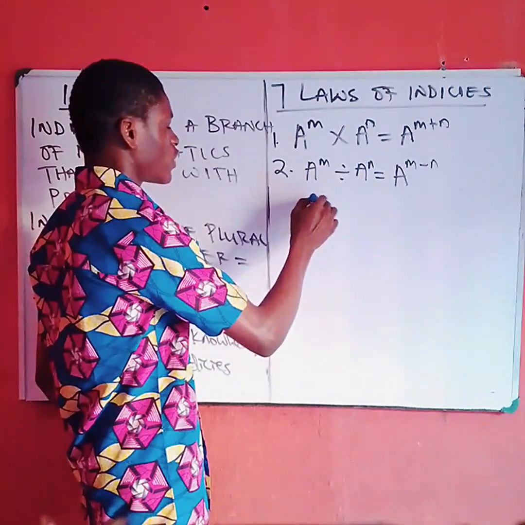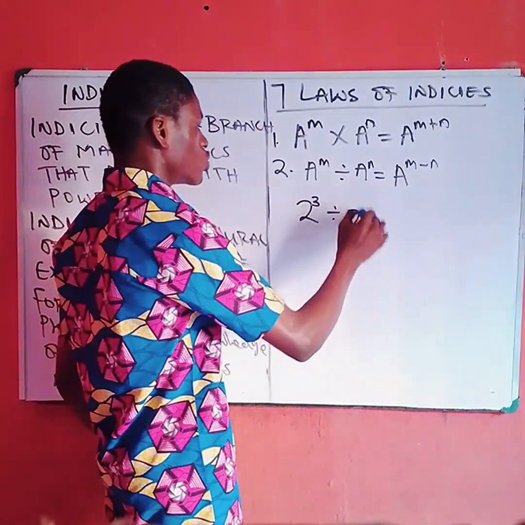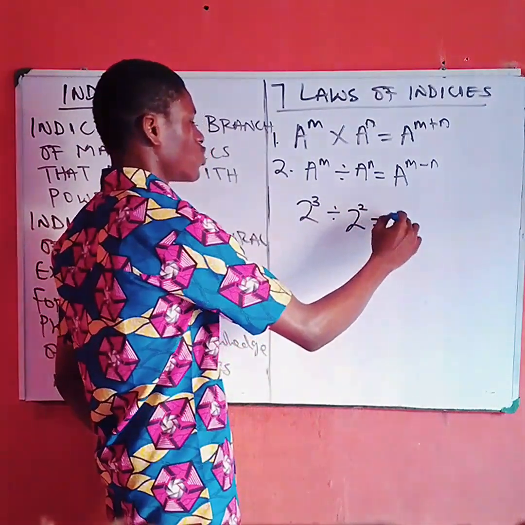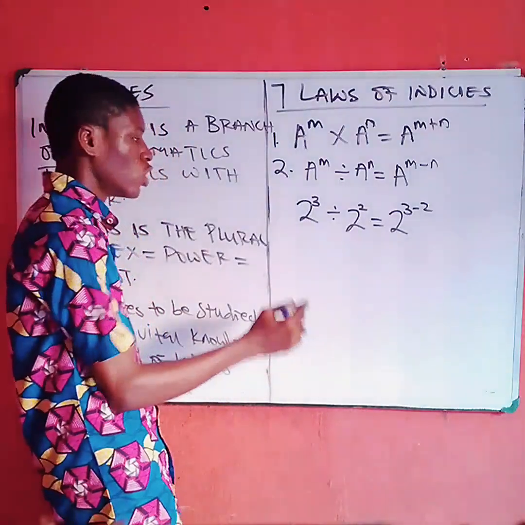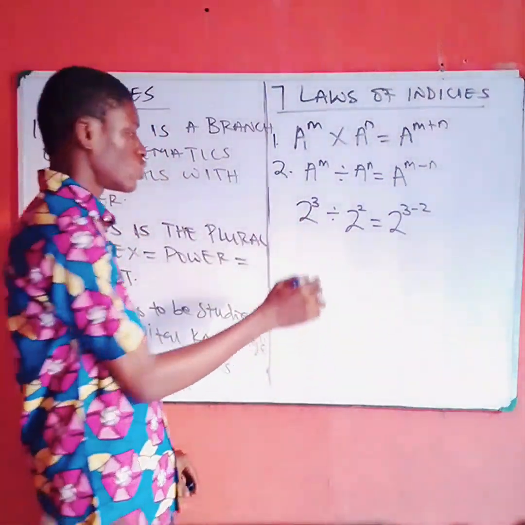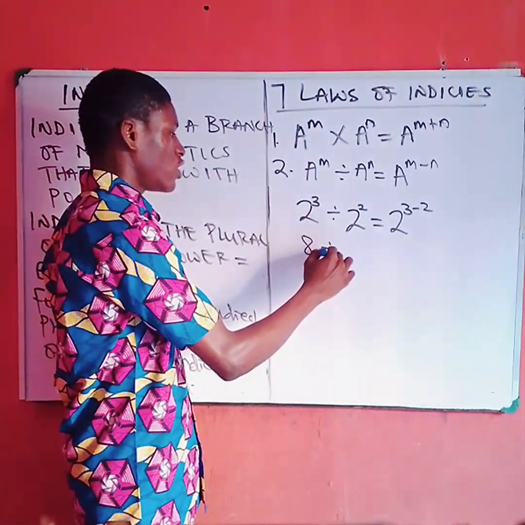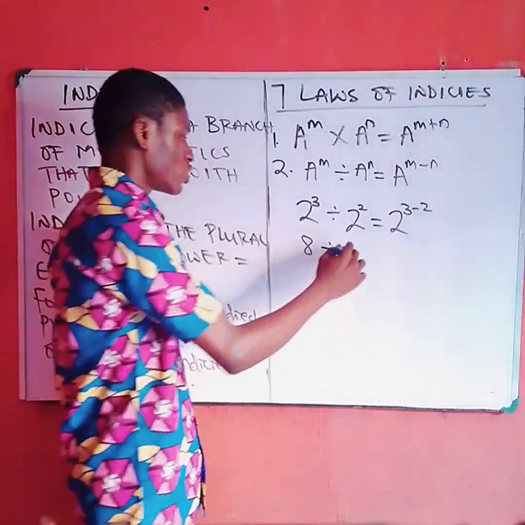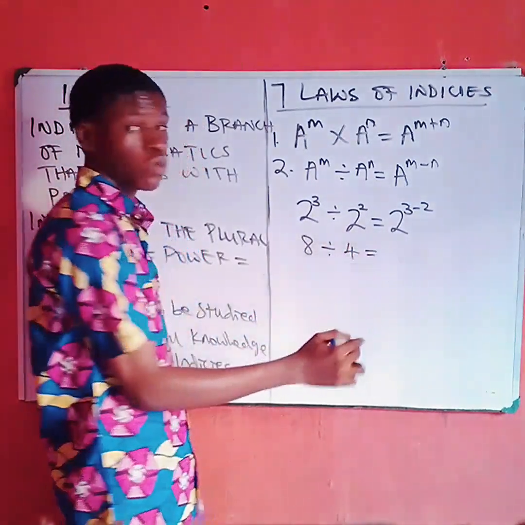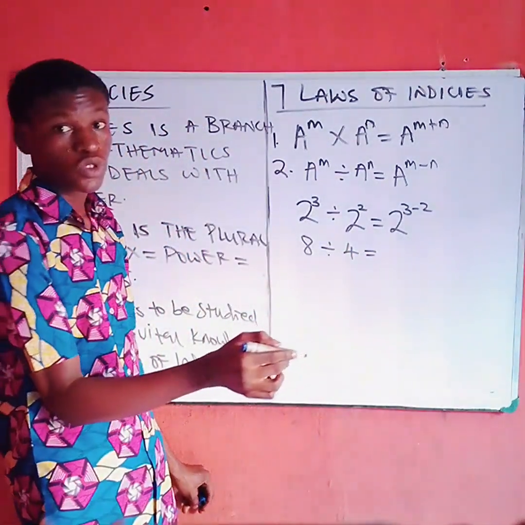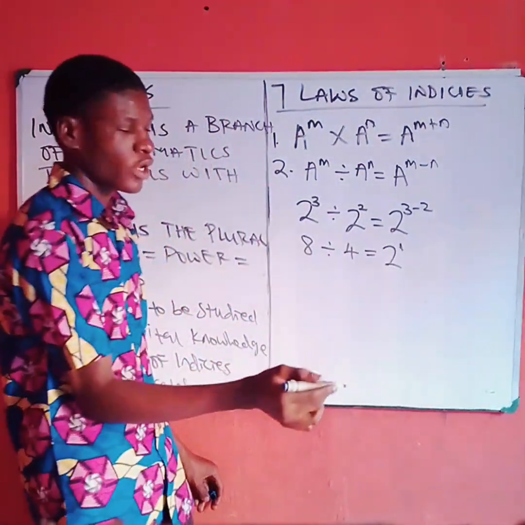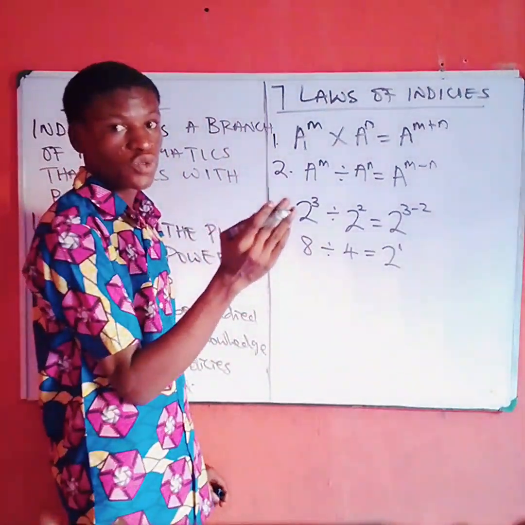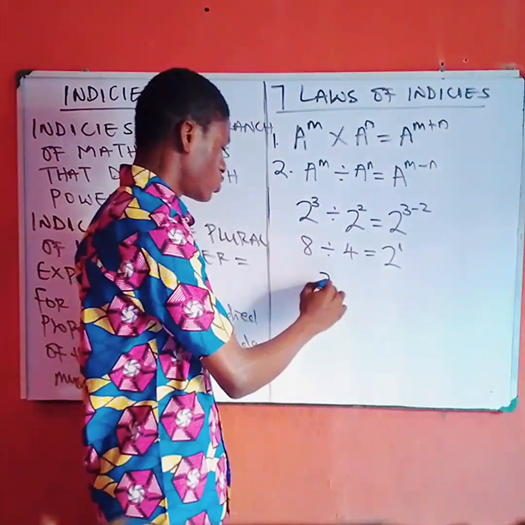2 raised to the power of 3 divided by 2 raised to the power of 2 is equal to 2 raised to the power of 3 minus 2. 2 raised to the power of 3 is 8, divided by 2 raised to the power of 2, which is 4, is equal to 2 raised to the power of 3 minus 2, which is 1. 8 divided by 4 is actually 2.